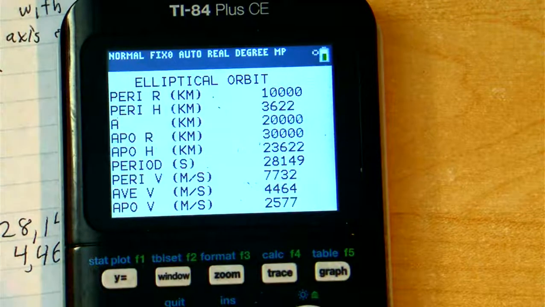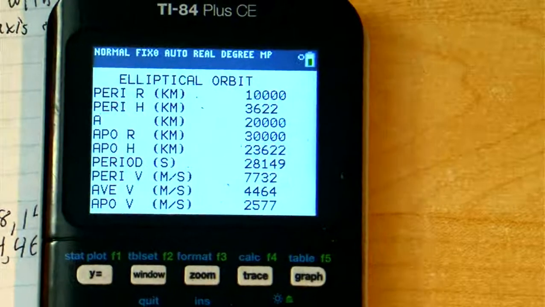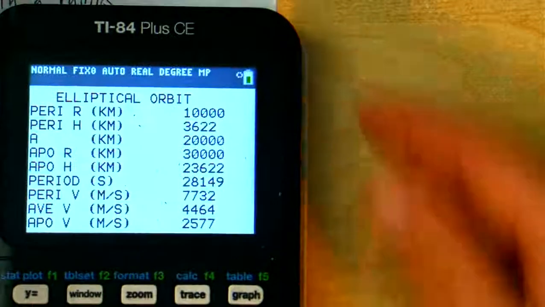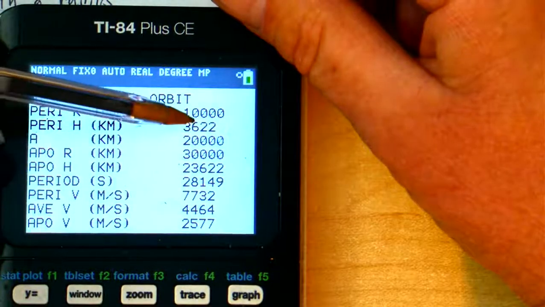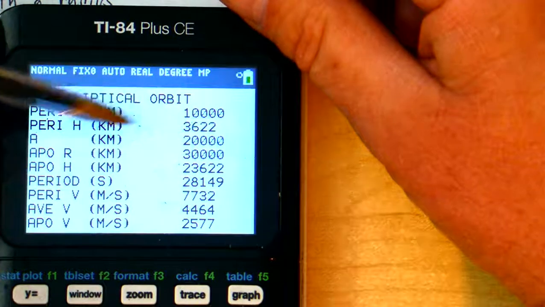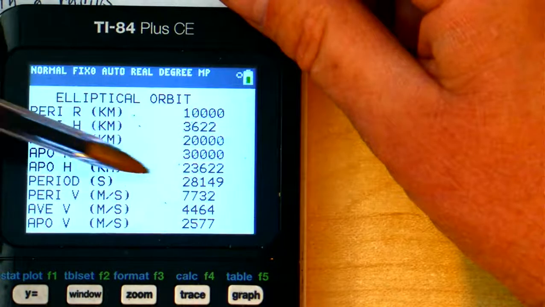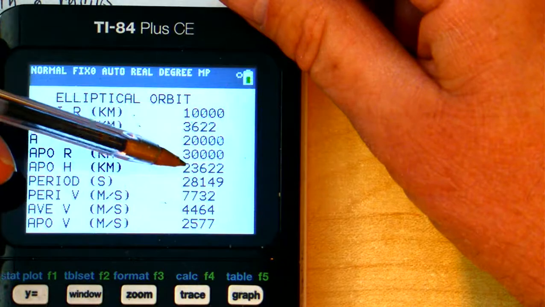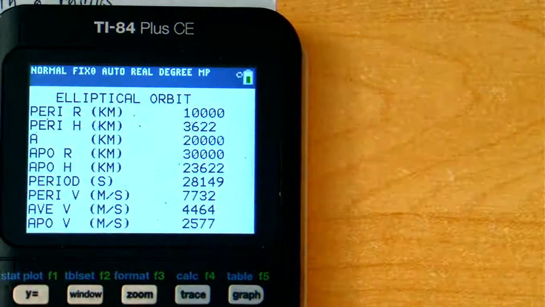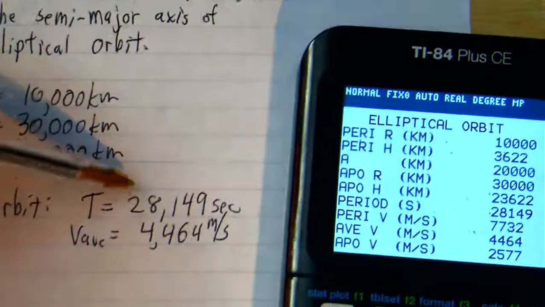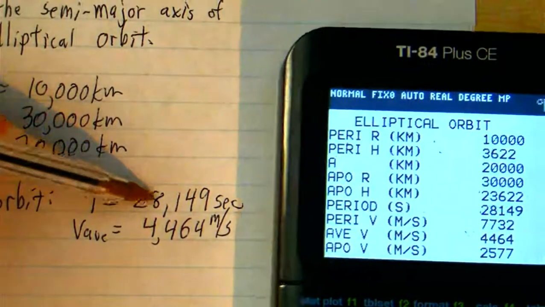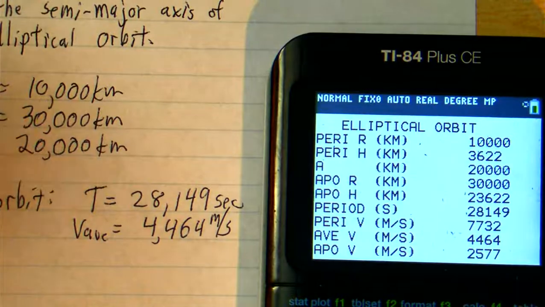And thanks to the laws of physics, here's what you need to be able to calculate. For example, the periapsis altitude above the surface of the Earth, and the apoapsis altitude above the surface of the Earth. Note that the period works out to 28,149 seconds. Ta-da! Matching 28,149 seconds for the circular orbit.